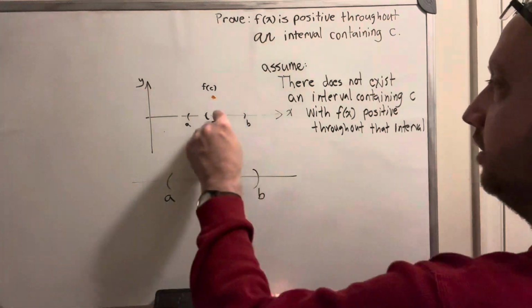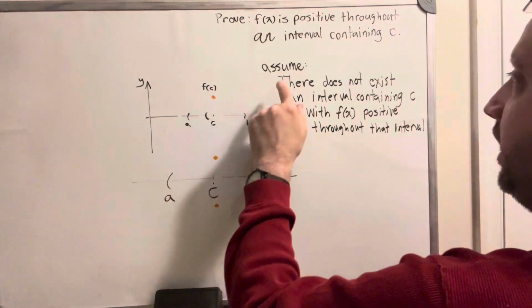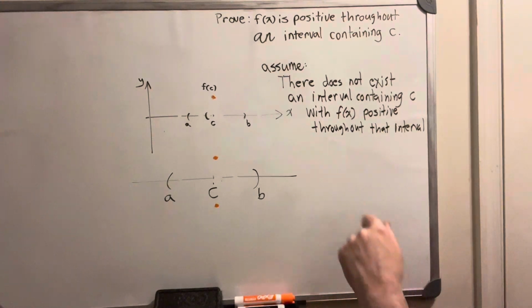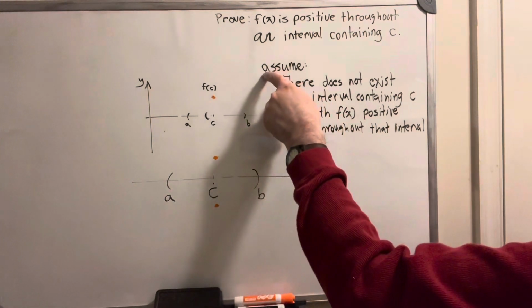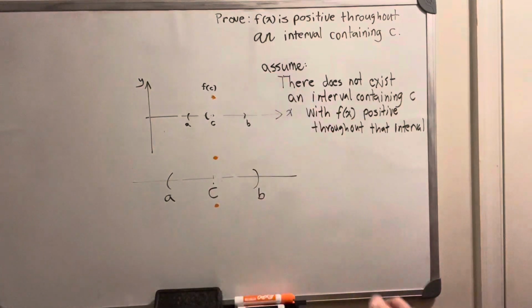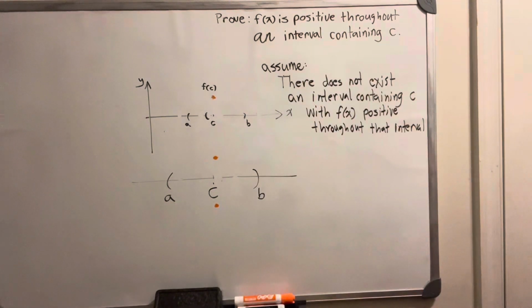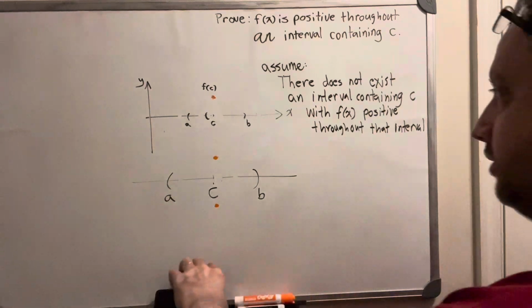So we're doing a proof by contradiction. We're assuming that this is not true and trying to show that that leads to a contradiction. Let's put it this way.